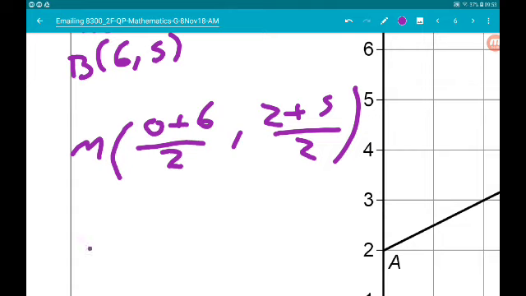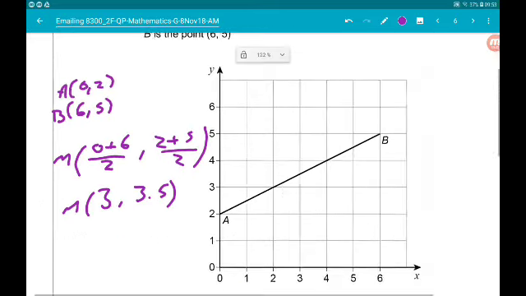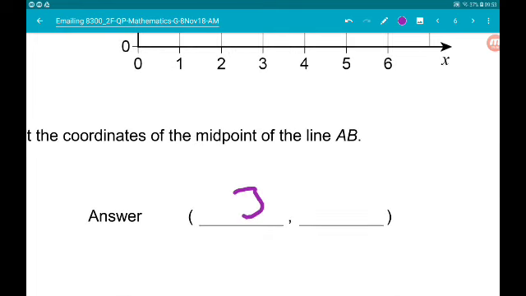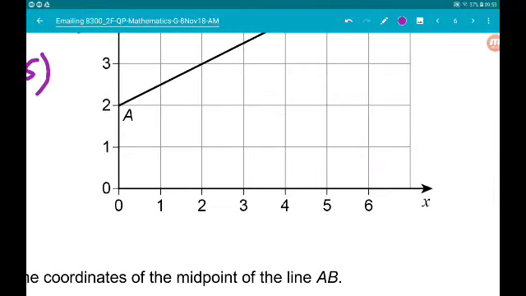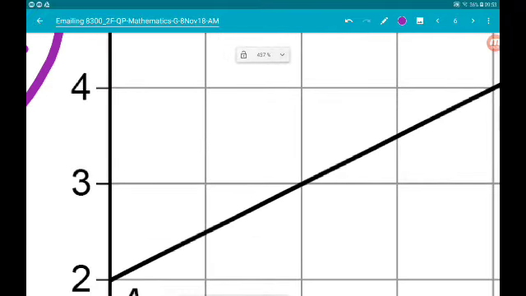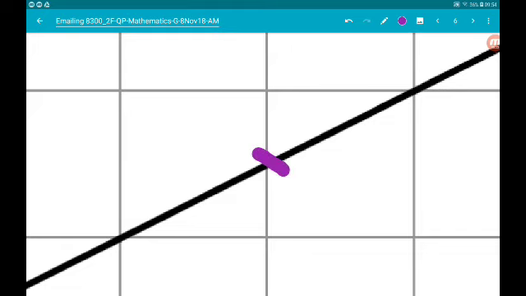So, 0 add 6 is 6, divided by 2 is 3, and 2 add 5 is 7, divided by 2 is 3.5. So our coordinates are 3, 3.5. Let's put it on here as well, good practice. So it's 3 along, and then 3.5 up. So it's going to be this point here. Cool.